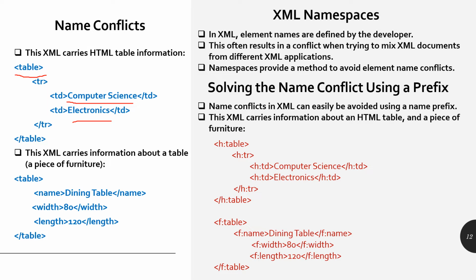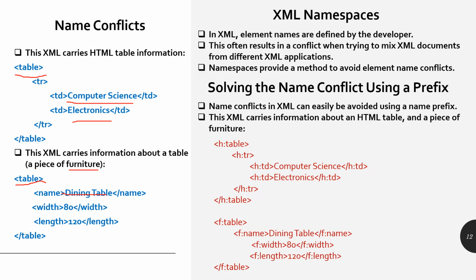Another developer has given the same name, table, for describing furniture. Furniture means dining table, study table, and all that type of furniture specified here.